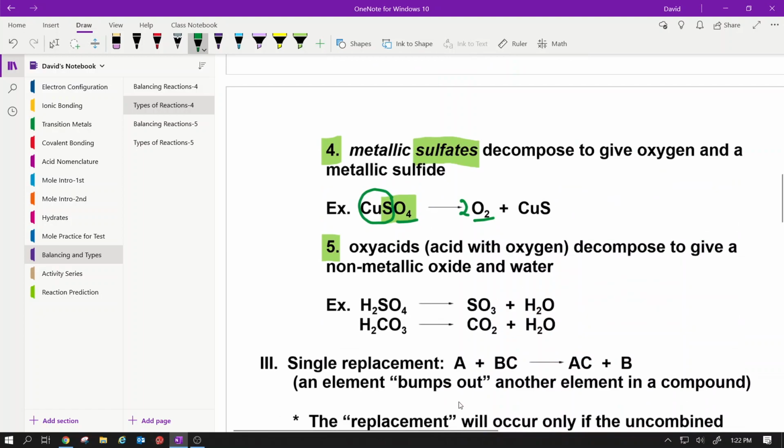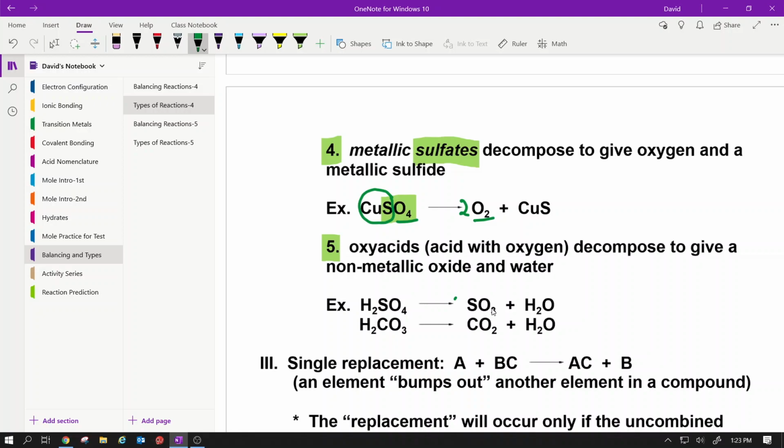All right, oxyacids. These are probably the most difficult, and I'm going to give you a little bit of leeway here if I ask you to do these at all. And here's why. Remember, when it says oxyacid, it means an acid that also has an oxygen-containing polyatomic ion. So here I've got sulfuric acid, or the hydrogens with my sulfate. That is going to break down into SO3.